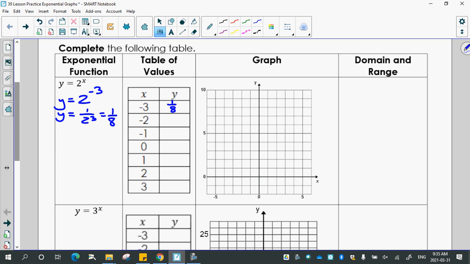So at -3 and 1/8, like half is here, and 1/8 is really close to the x-axis. What about when x is -2? I have y equals 2 to the -2, which is 1 over 2 to the +2. Agreed? Which would be 1/4.